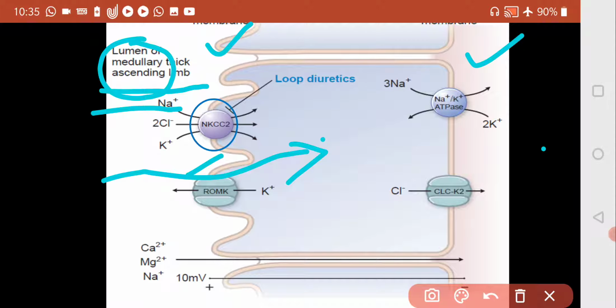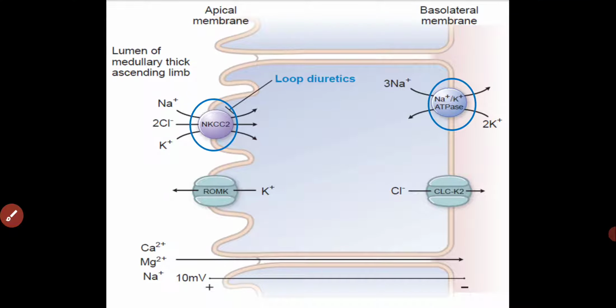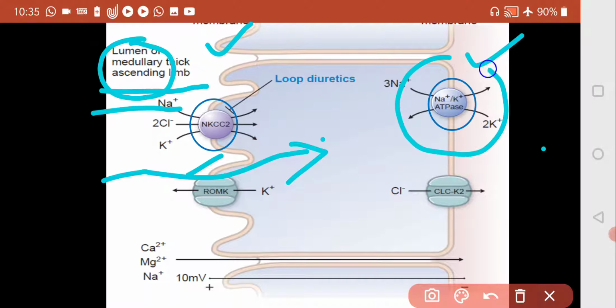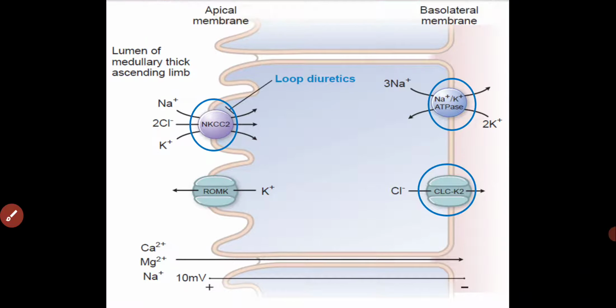Then there is the Na+ K+ ATPase. It takes the sodium from the cytosol and sends it into the blood or interstitium. Also there is a chloride channel.